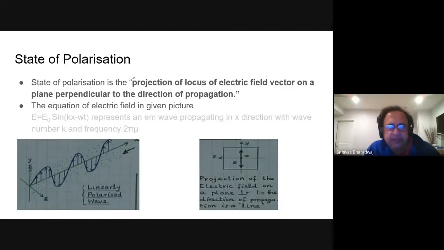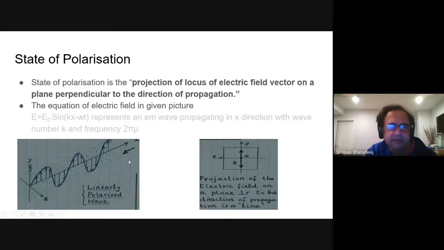C equals frequency times the wavelength, for the wave. So you have E equals E naught sine of kx minus omega t, with respect to the wave. And we discussed x, y, and z, the direction of propagation of light. We discussed all this in the previous class.